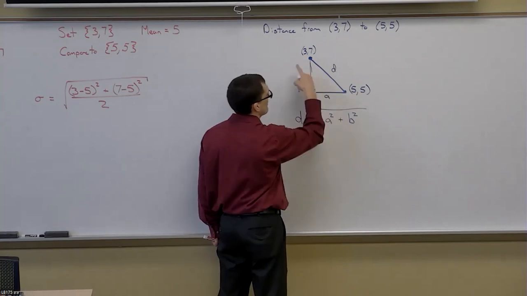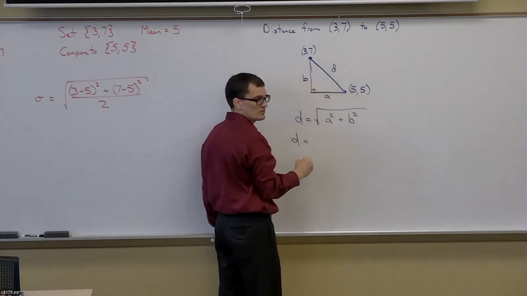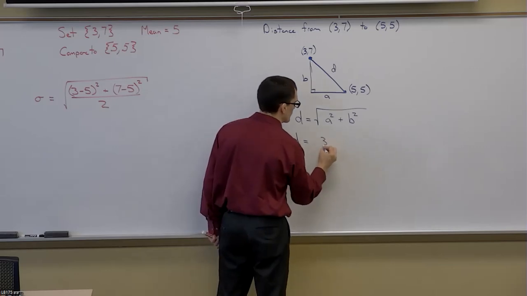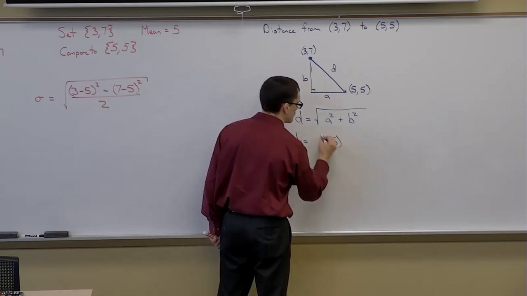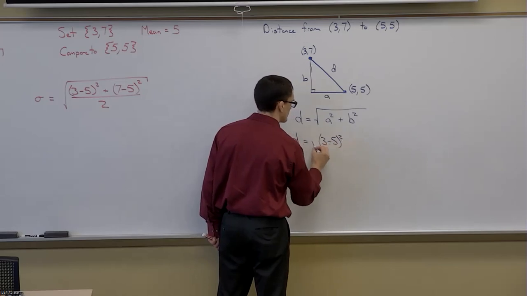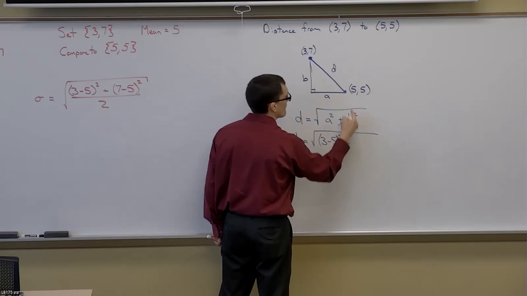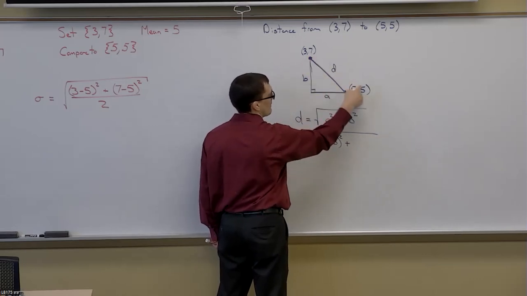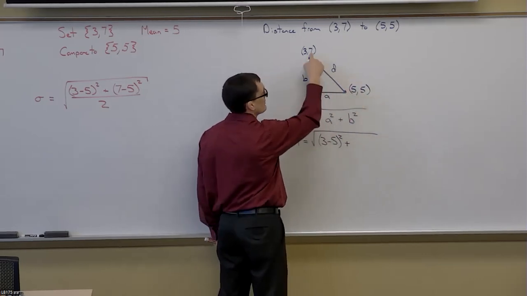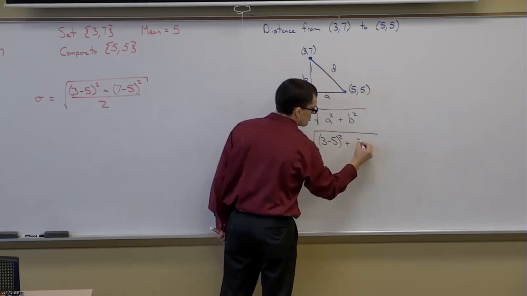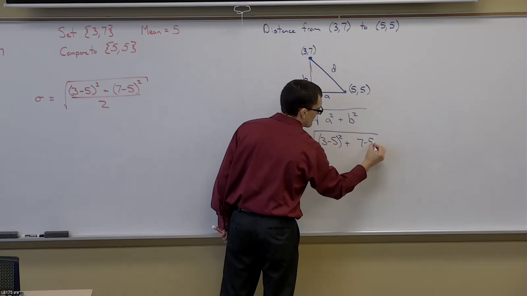So it's like 3 minus 5 or 5 minus 3, whichever way you're subtracting. I'm going to do a subtraction of 3 minus 5. That's your A. And then the B is the change in the Y values, from 7 to 5 or from 5 to 7, depending on which way you subtract. I'm going to write 7 minus 5 in there.